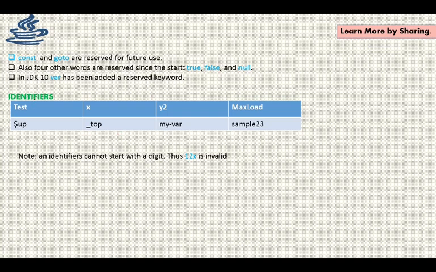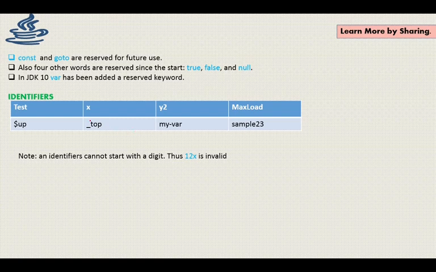Okay, so identifiers. What are identifiers? They are simply naming standards of your variables, methods, especially variables. So these are all legal, they are okay.